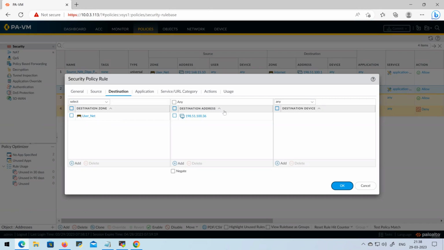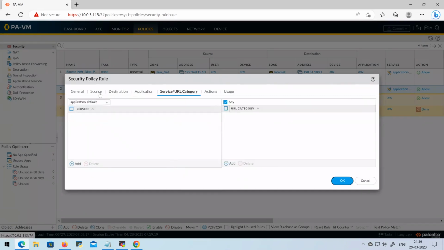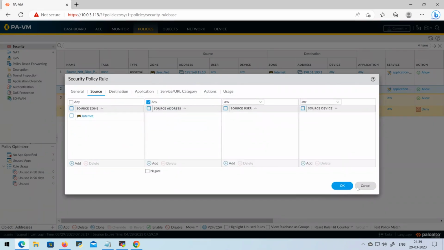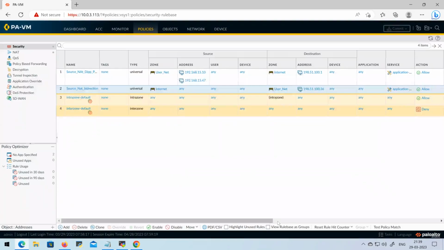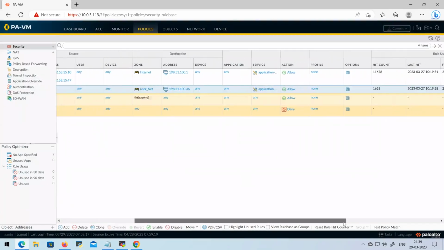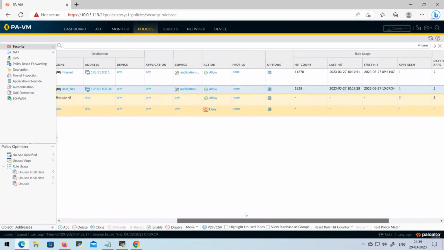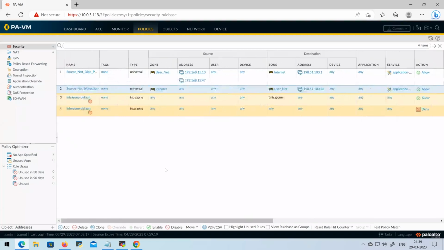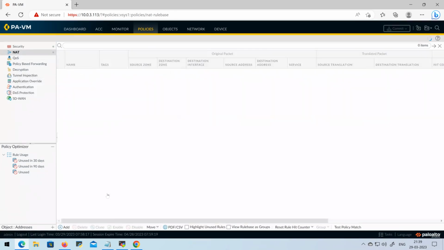But the first time when the policy hits, it will check the pre-NAT destination IP address. This was the working, like we have tested it and we got multiple hits also. So your destination translation is also working on the same phenomenon. Okay, so let's do it.